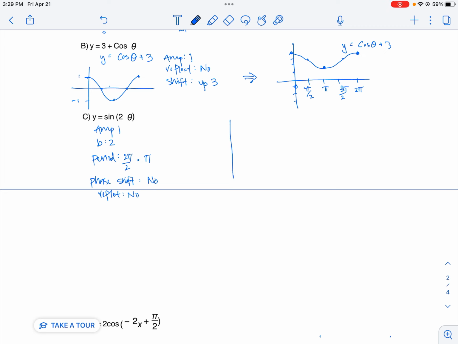Okay, so here's my sine curve with an amplitude of 1. I can sketch that regular sine curve and then I can fill in the points in between. 0, pi. This would be pi over 2. This would be pi over 4. This would be 3 pi over 4, because I'm going pi over 4, 2 pi over 4, 3 pi over 4, 4 pi over 4.